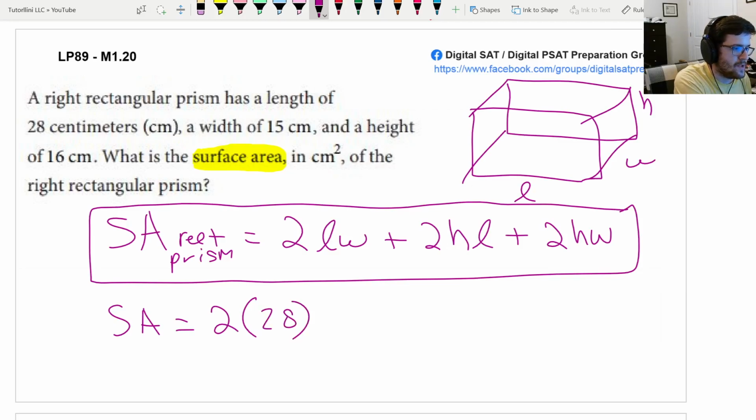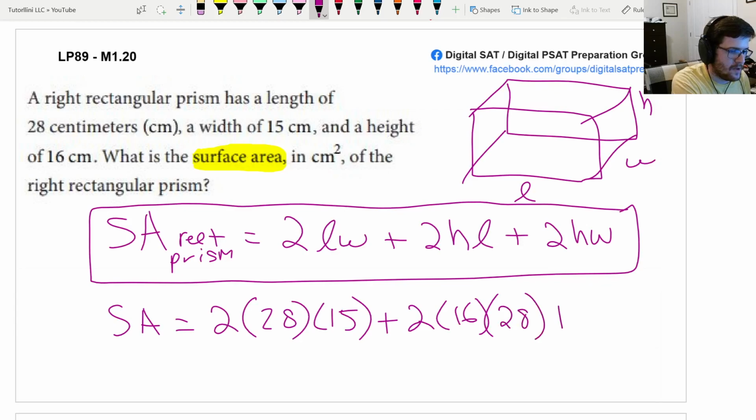Width is 15. Plus 2 height, which is 16, times length, which is 28. Plus 2 height times width, 16 times 15.